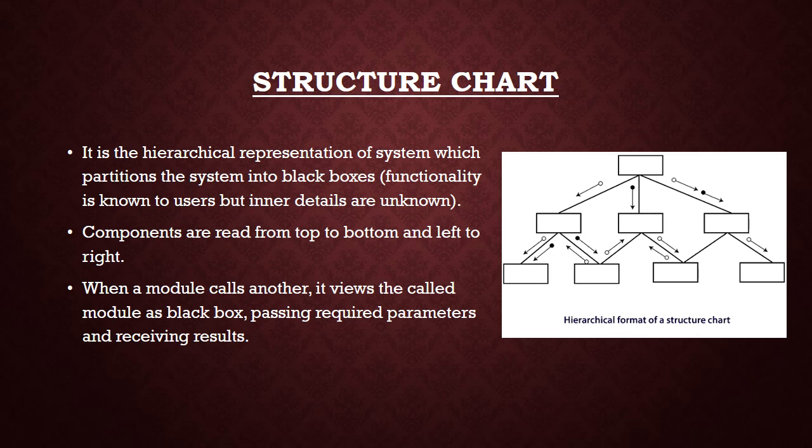The structure chart also represents how these modules interact with each other, what the relationship between them is, and how information is passed between them. All these details are shown by the structure chart.